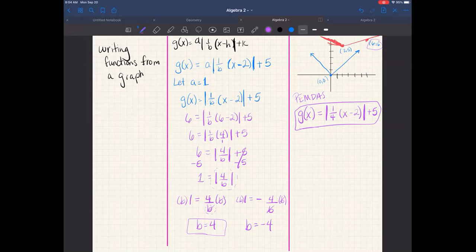Yes? We're good? Can I move to the next page? Should I? I'll wait a second.